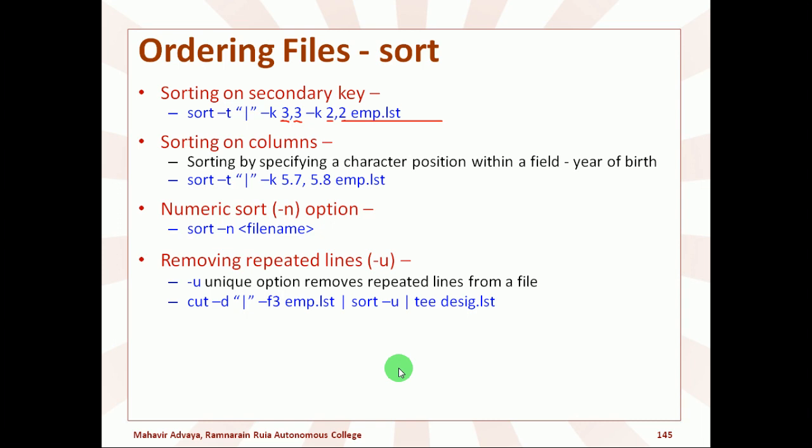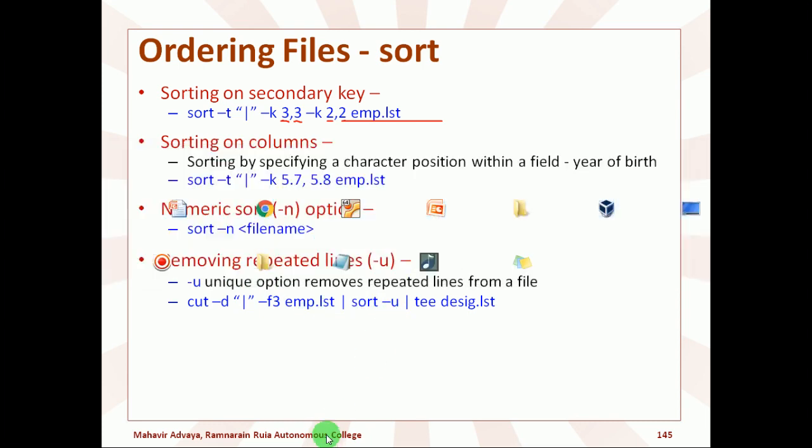Similarly here you have unique, which shows you non-repeated lines. Now in this command we are cutting a column, -f3, that is the third column, from emp list and sorting with the unique key.